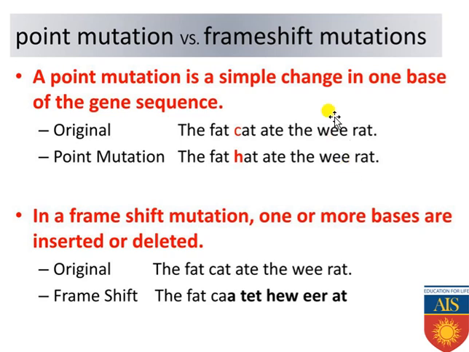If you consider the frameshift mutation, it occurs due to insertion or deletion of a single nucleotide base, or sometimes more bases. So when single or more bases are inserted or deleted from the entire length of the gene or DNA, this specific type of mutation is known as frameshift mutation. Keep it in your mind. In case of frameshift mutation, what is happening?